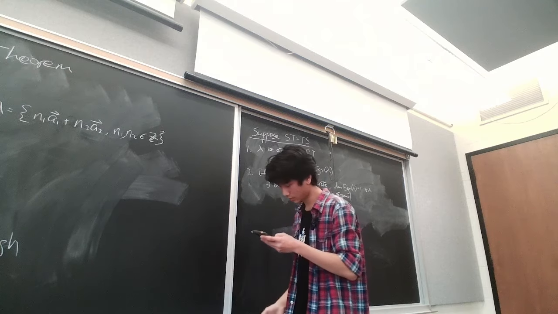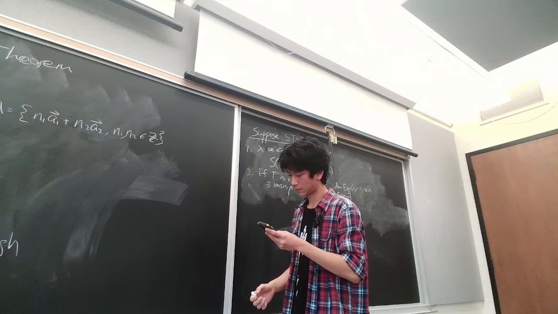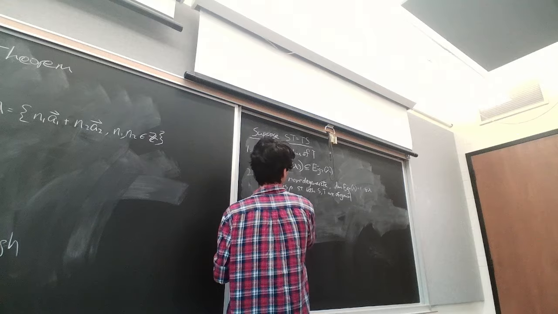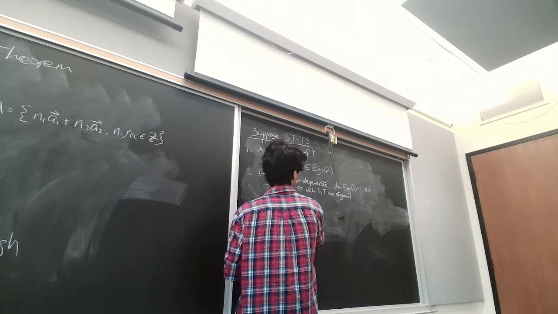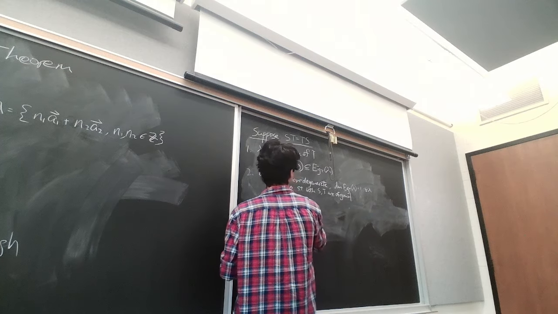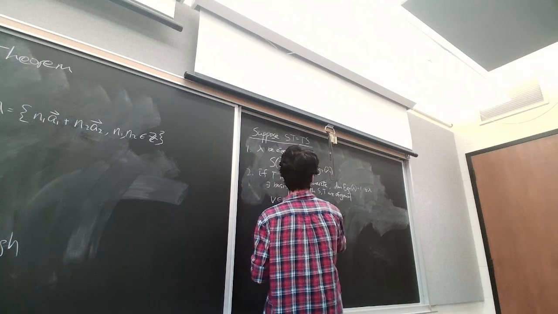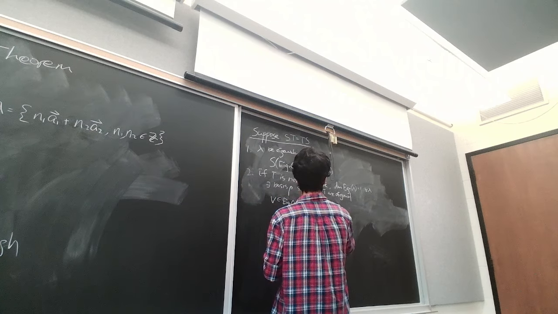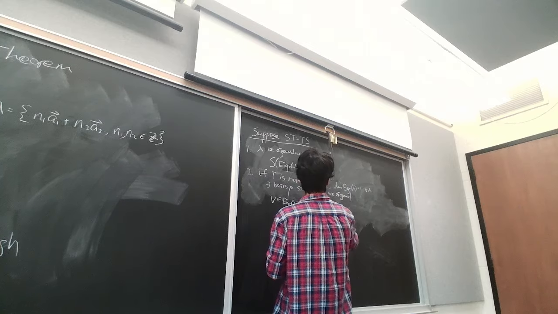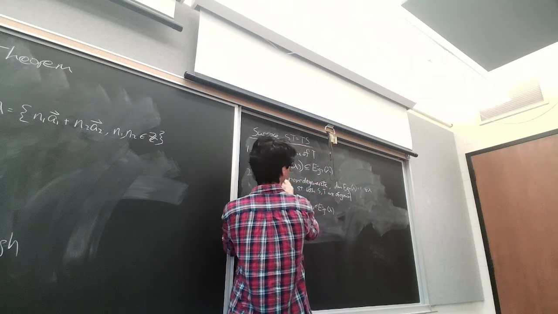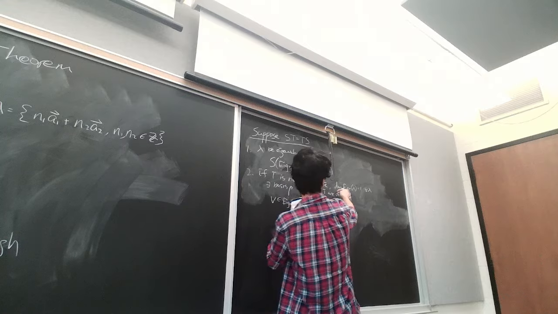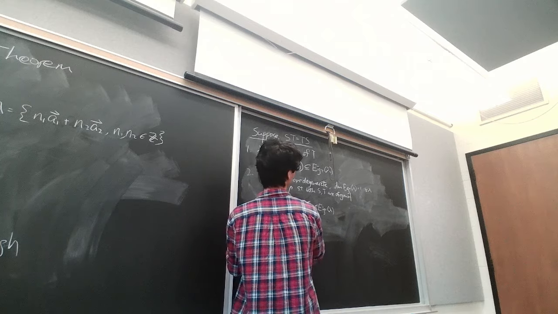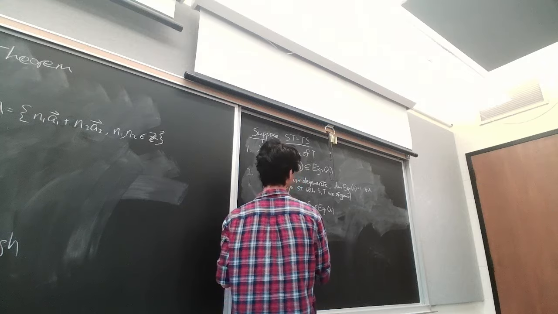To prove this, we first note that if V is an eigenvector, then SV is also an eigenvector. But since it's non-degenerate, which means the dimension is only 1, these must be scalar multiples of each other.